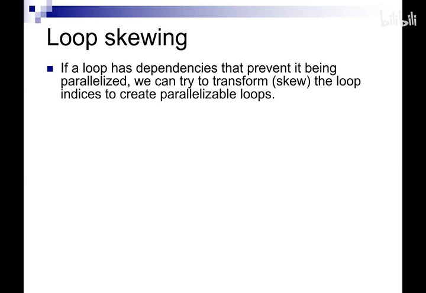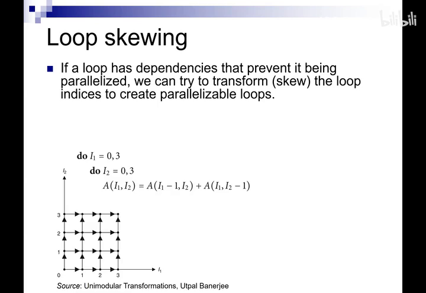Basically the idea is that sometimes you get a loop, and it looks like using our previous techniques like loop fission and other things, even if we apply those techniques, we cannot get any parallelism out of a situation like this. Here we have this loop over here, so these are 4 loops. We have these 2 loop indices.